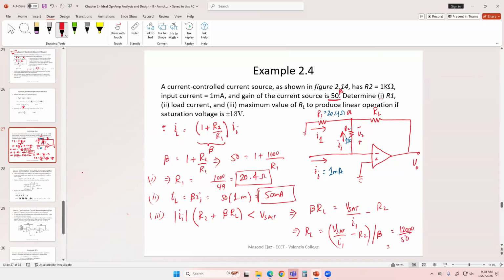How much? 240 ohms. Okay. So this is the maximum value of RL that you can use for the dynamic range. Any value that exceeds this, the circuit is not going to operate as the current controlled current source.